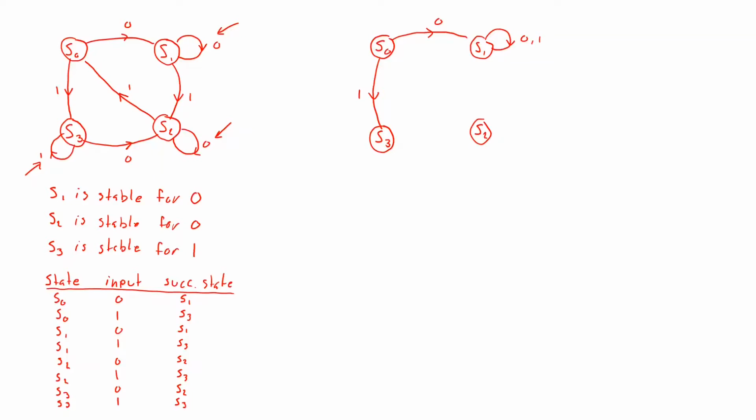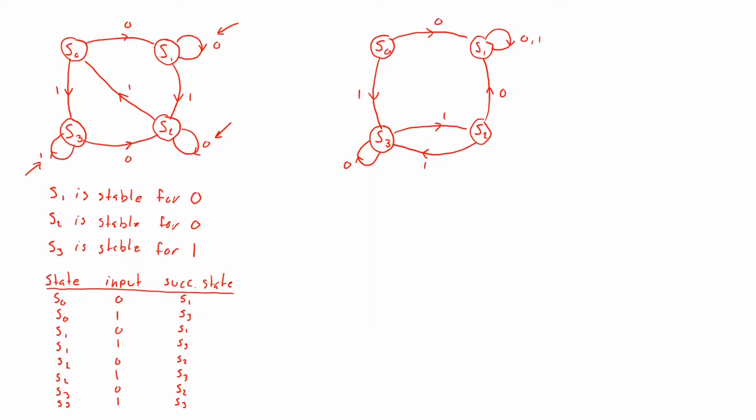From S2 with a 0 as input we go to S1, and with a 1 as input we go to S3. And from S3 with a 0 as input we go to the same state S3, and with a 1 as input we go to the state S2.